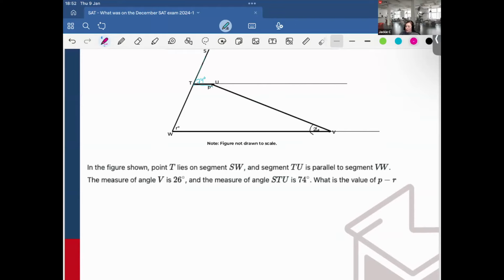Okay, so first, what I would want to do perhaps is this is on a straight line, so I can get the measure of this angle here, which would be 180 minus 74, which is 106 degrees. So I have 106 degrees of the parallelogram and then 26 degrees.